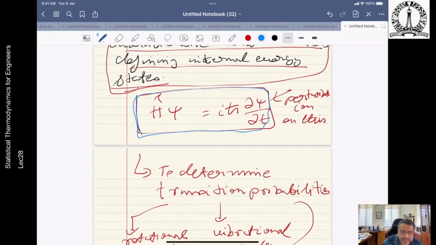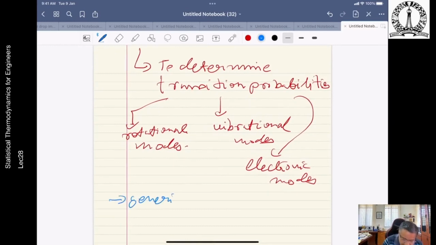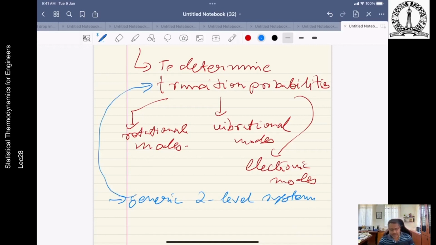We are going to do it for a generic two-level system and find out the corresponding transition probabilities. So in the next class, we are going to see how we can perturb the Schrödinger wave equation and what solutions we get out of it. So, till next class. Thank you.